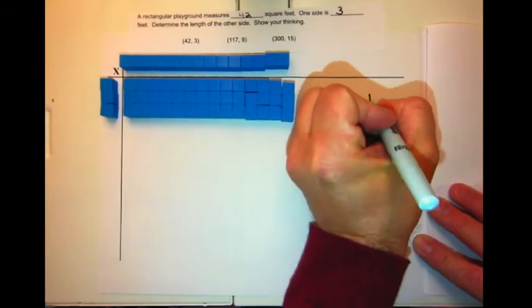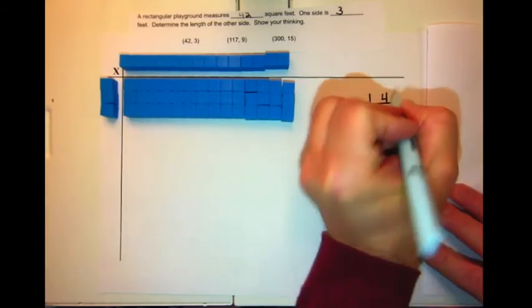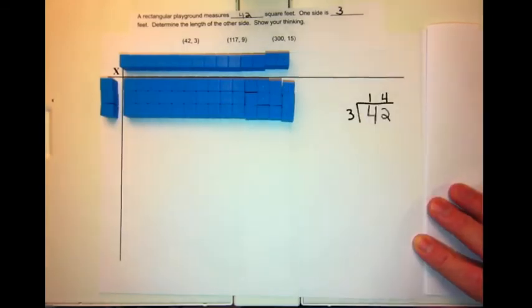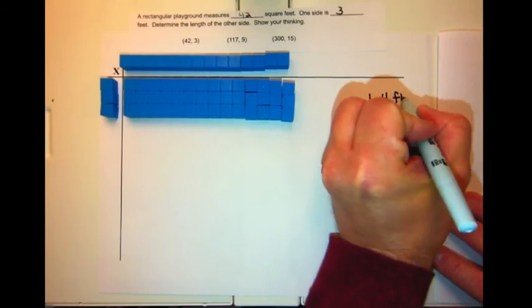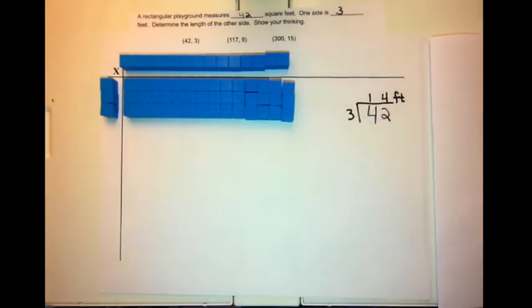So I had 1 ten and I had 4 ones in length. So 14, and being precise, we're going to add feet. We're going to attend to precision, thinking about math practice number 6 as well. So that's the concrete. And you can try other problems the same way.